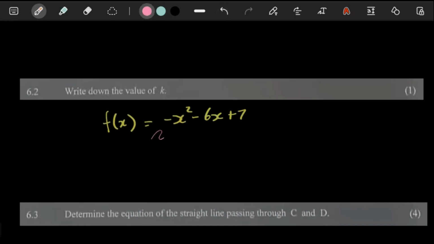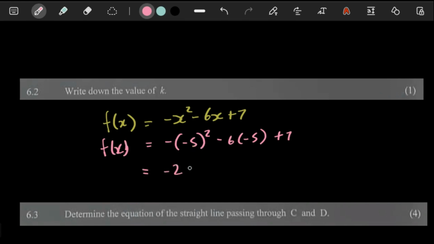So in this equation, we're going to make x equal to -5. This is 25, -25 here, plus 30, plus 7.